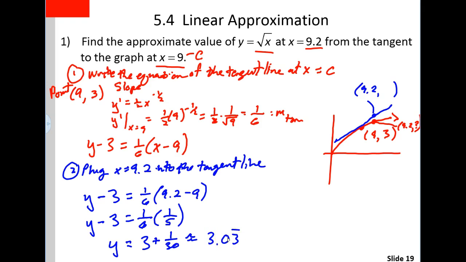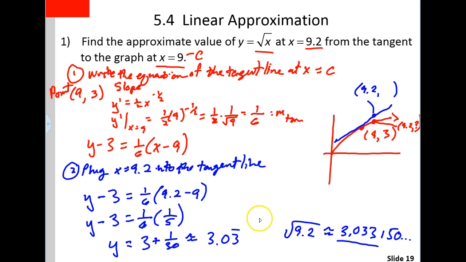So now, why is it useful to get that decimal? Well, because we were using this to estimate the value of the square root of 9.2. So what is the square root of 9.2? If we calculate that, we get the square root of 9.2, which is 3.03315, and so on. So now, is 3.03 repeating a pretty good estimate of the square root of 9.2?